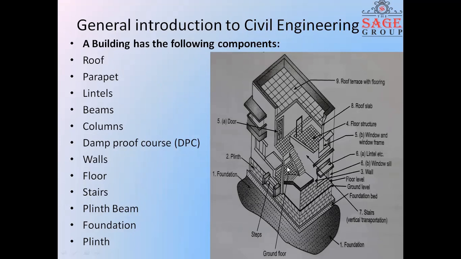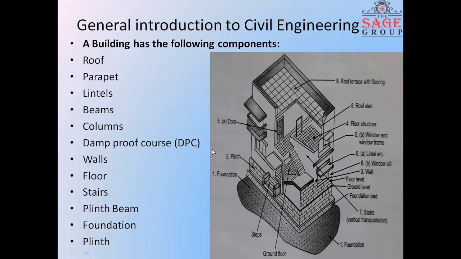Here you can see the foundation, the stairs which are used to move vertically in the building, the walls which provide safety all around in all directions, then the window sill, lintel, windows, and the window frame which provide circulation of air and light, the floor structure, the roof slab, the top roof, the parapet, doors, and the plinth.